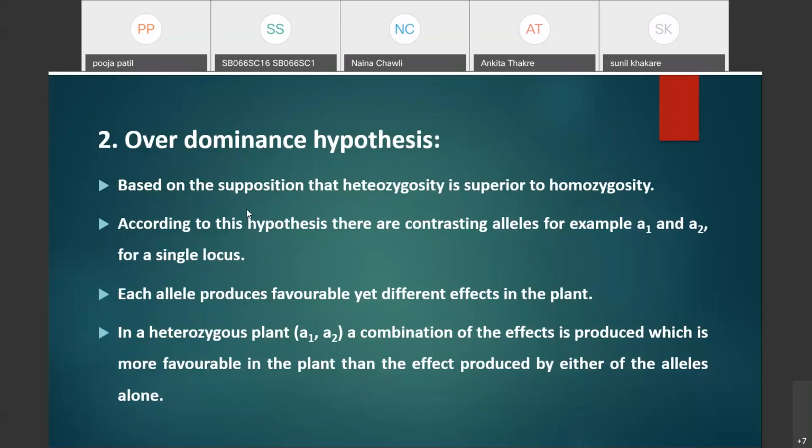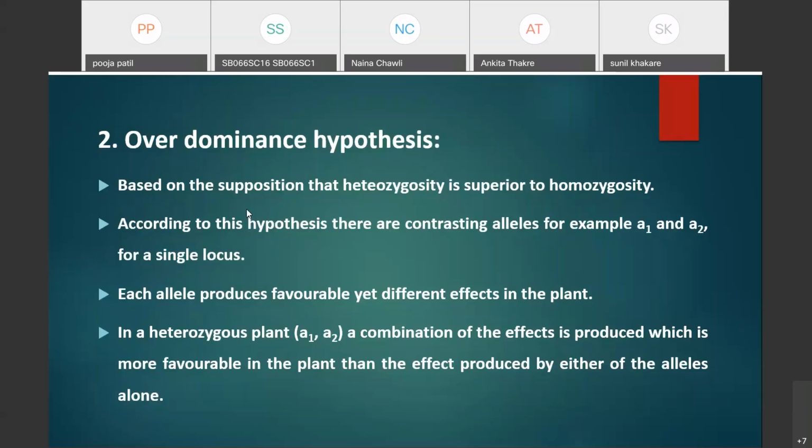The over dominance hypothesis is based on the supposition that heterozygosity is superior to homozygosity.